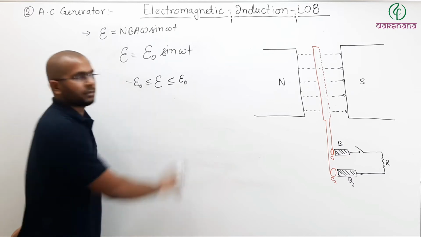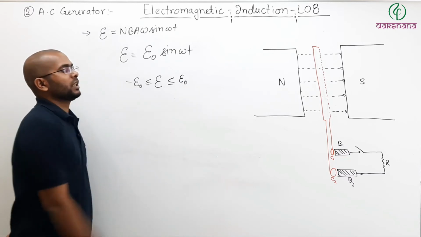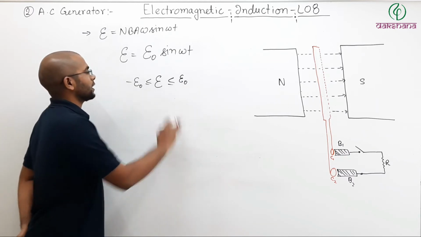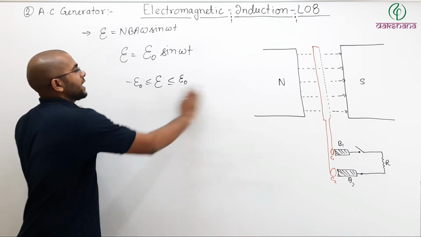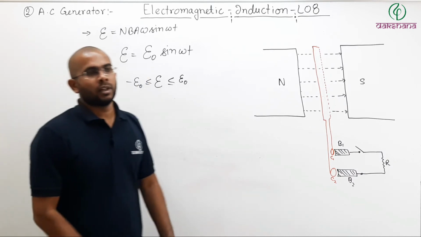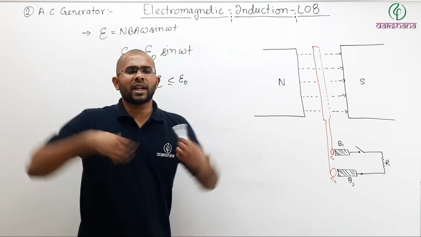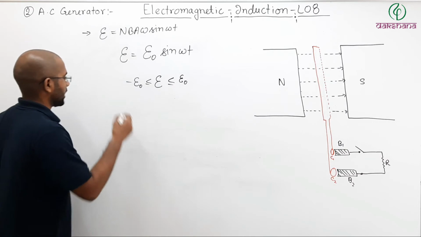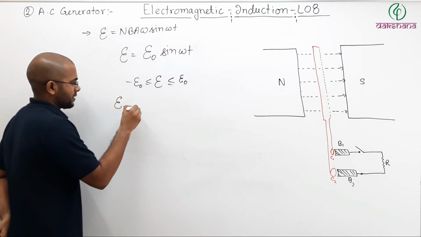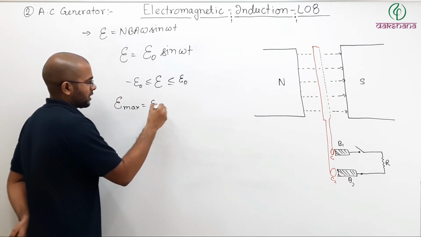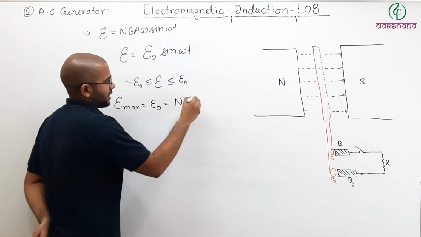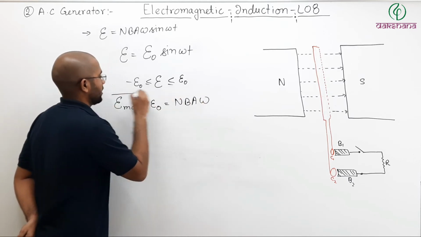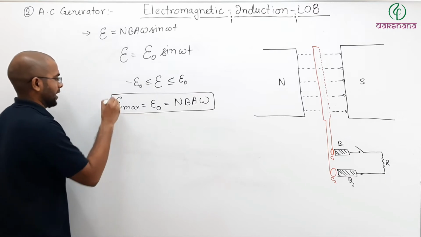So your EMF must be less than or equal to E naught, and greater than or equal to minus E naught. Beyond that, it cannot take values. So the maximum value of EMF induced in an AC generator is E max equals E naught equals NBA omega.